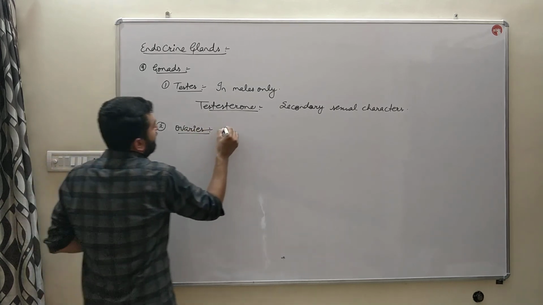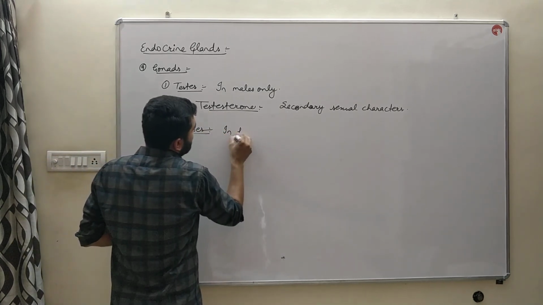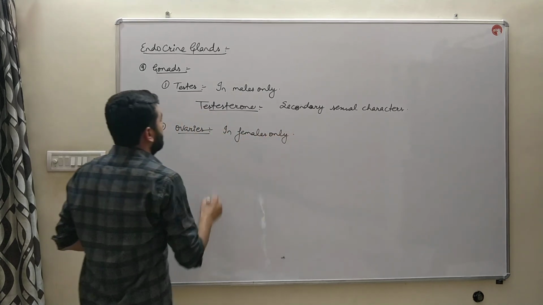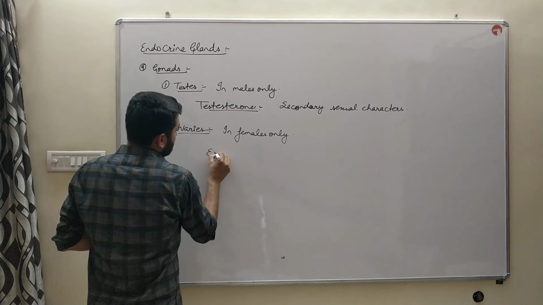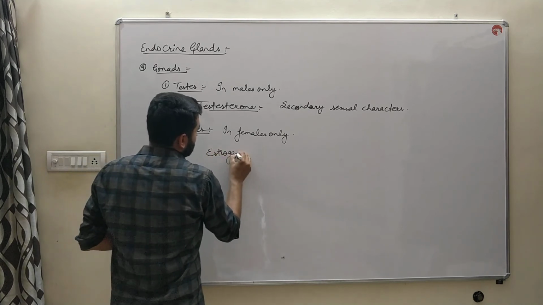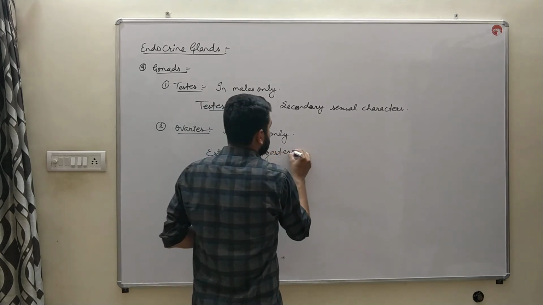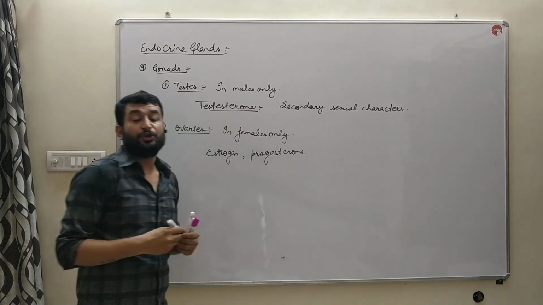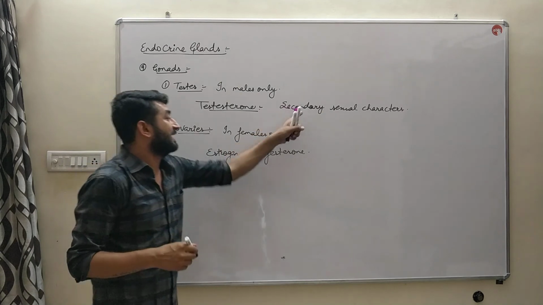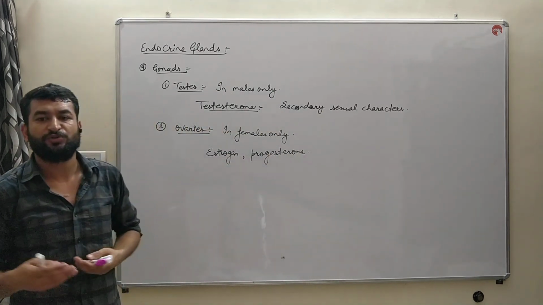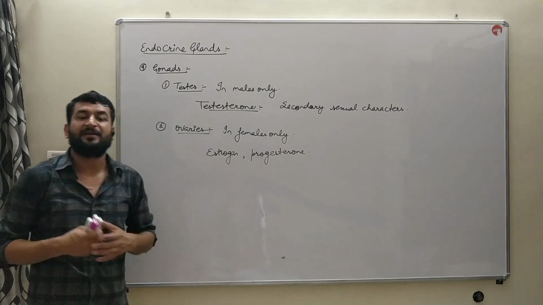A pair of ovaries present in females only. They release estrogens, that is progesterone and estrogen, which control the secondary sexual characters in females. So these are the certain hormones which are released by the glands and their functions.